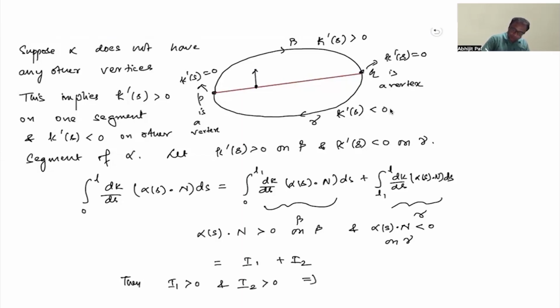So this implies that this integral is greater than 0. Okay, so this is a contradiction.